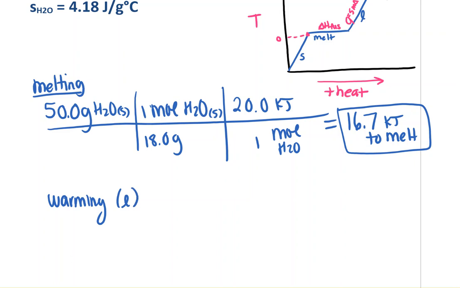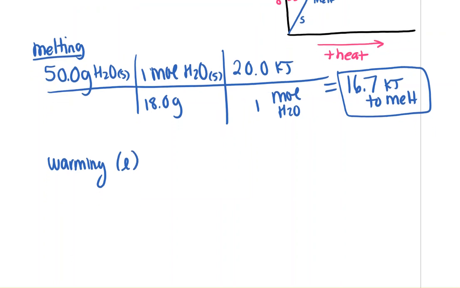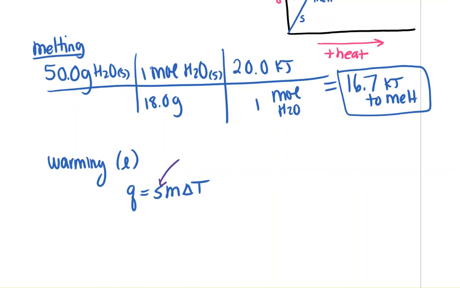Now that it's all liquid, that equation, of course, is just our usual equation with our specific heat. And one thing I should warn you about is this is warming liquid water. And so the specific heat that we use a lot, 4.18, is the specific heat for liquid water.